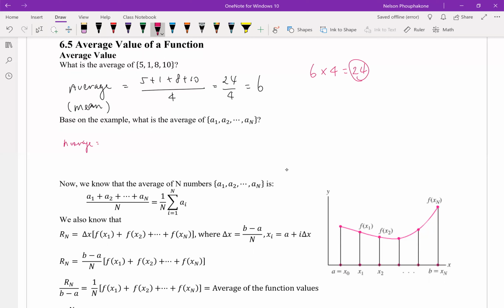In this case, the average will be a sub 1 plus a sub 2 plus a sub 3 up to a sub n, and then divide by n, right?